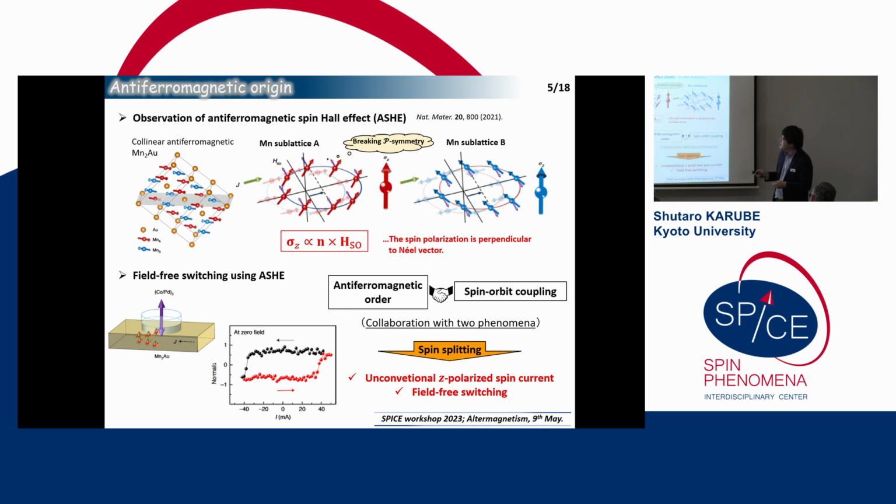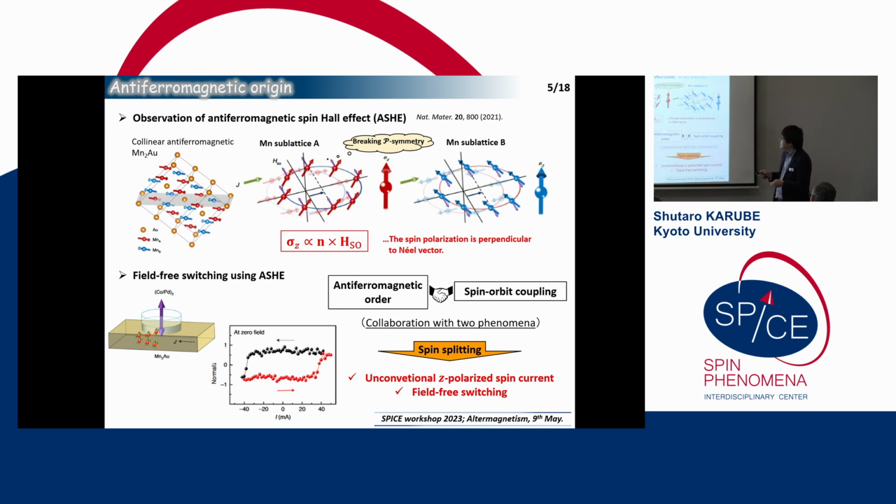In the collinear antiferromagnetic manganese gold structure as shown here, due to the breaking parity symmetry, like a Dresselhaus spin-orbit coupling, the up and down magnetic moments with antiferromagnetic coupling feel different spin-orbit fields due to the Dresselhaus type spin-orbit coupling. Then finally, we can get unconventional spin polarized spin current.